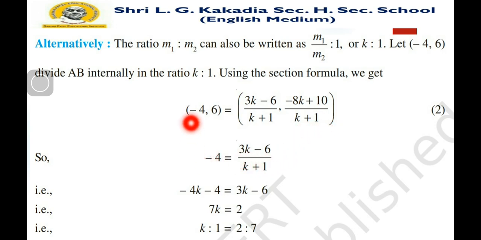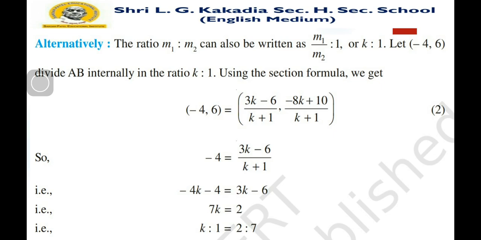Then comparing the x coordinate, minus 4 is equal to 3k minus 6 upon k plus 1. So moving k plus 1 across, minus 4k minus 4 is equal to 3k minus 6, so 7k is equal to 2, then k is to 1 is equal to 2 is to 7.